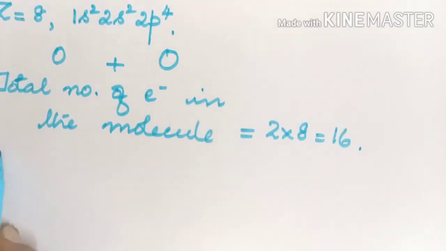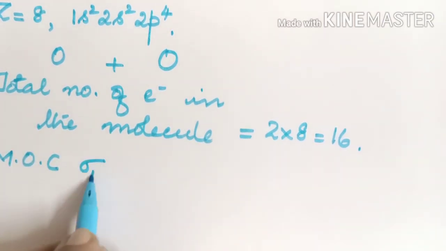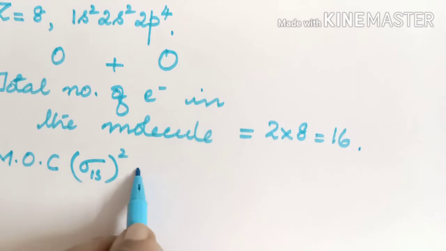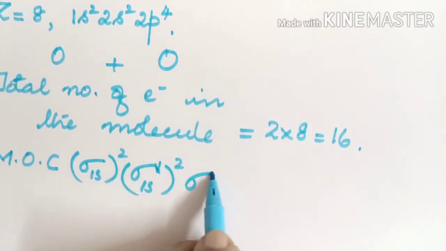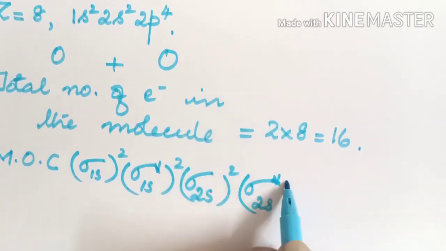So the molecular orbital configuration becomes sigma 1s2, sigma star 1s2. The next higher level is sigma 2s2, sigma star 2s2.